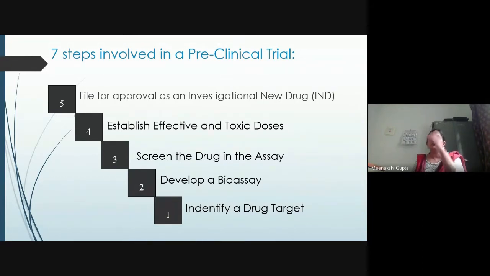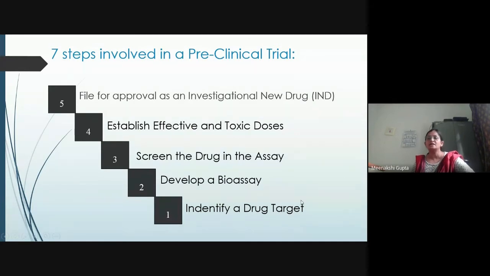It can be a particular organ, a cell, or a tissue. What is a target? The target is the site where the action is required.